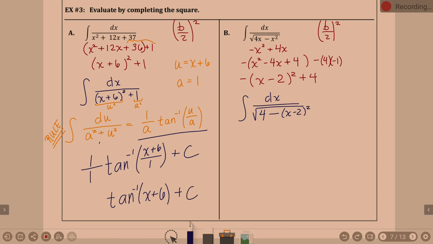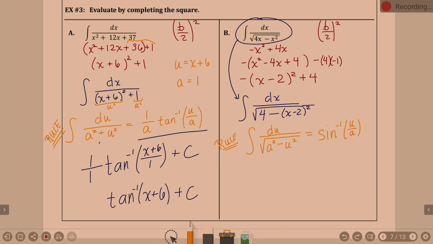All I've done in all that red is take this original piece and rewrite it. Now, we already decided that this looks like a sine inverse. The rule for sine inverse is du over the square root of a squared minus u squared, equal to sine inverse of u over a.